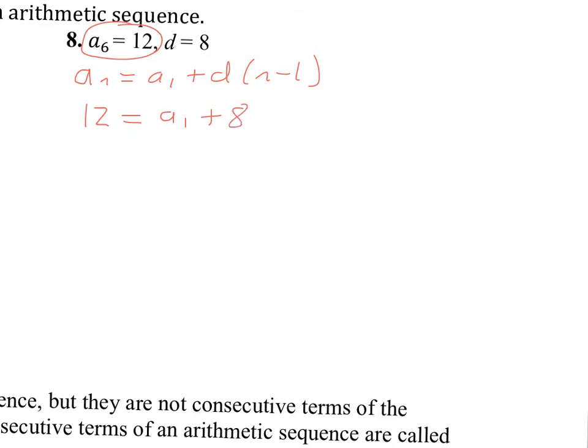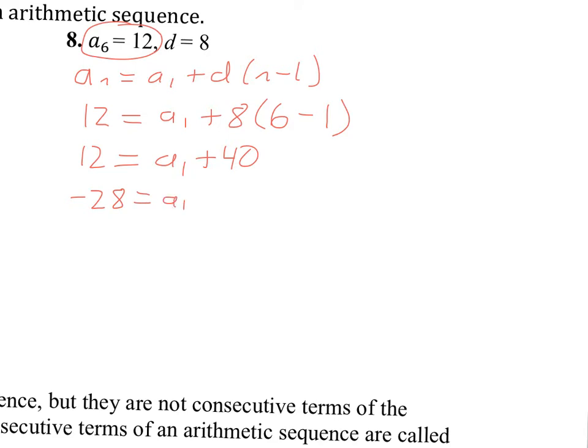We know D is 8. And we plugged in 12, which is the 6th number in the sequence. Six minus 1 is 5. 5 times 8 is 40. Subtract 40 from both sides. -28 equals A1.